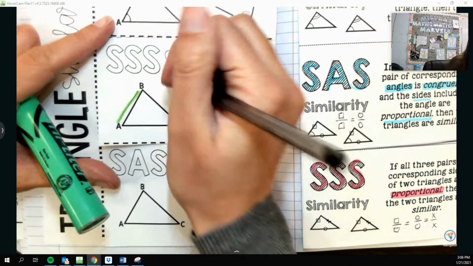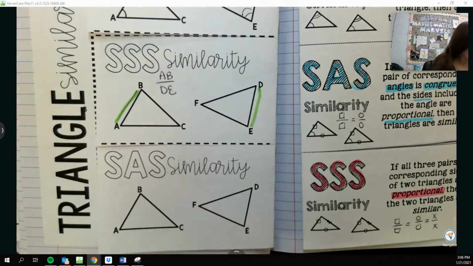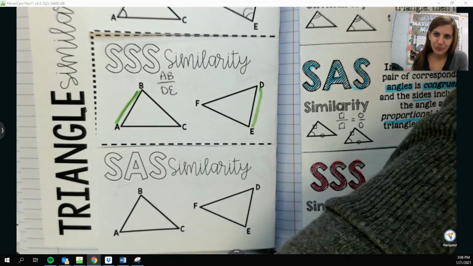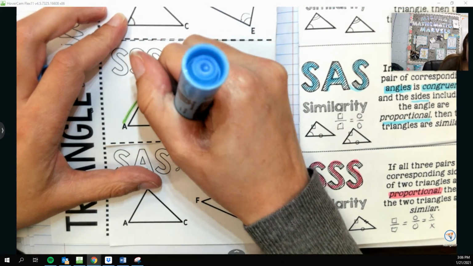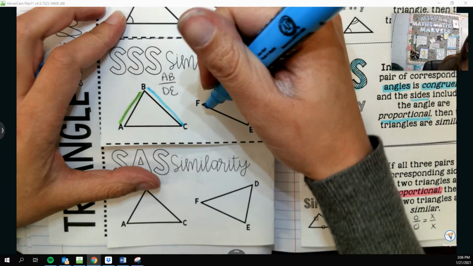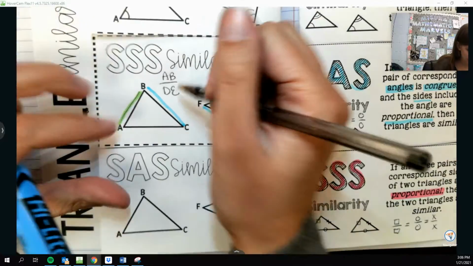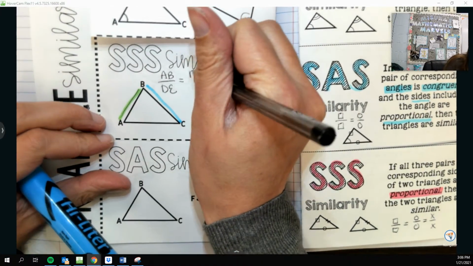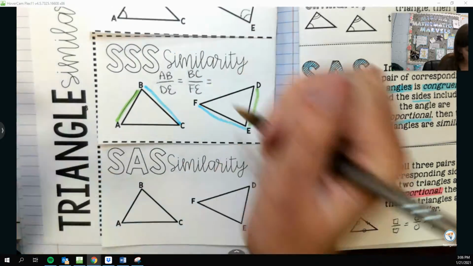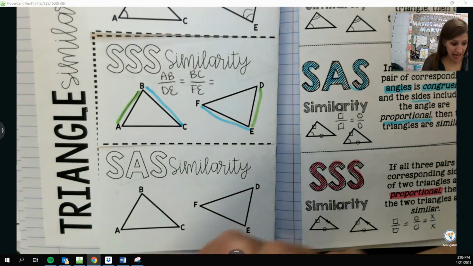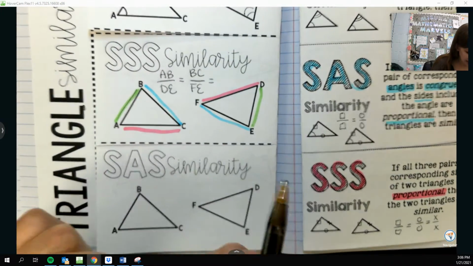And so I could write the fraction AB over DE, or I could do the reciprocal, but that would have to be the same as BC matching up with FE. So that has to be the same as BC over FE. And that would also have to be the same as the last one, so AC and FD.